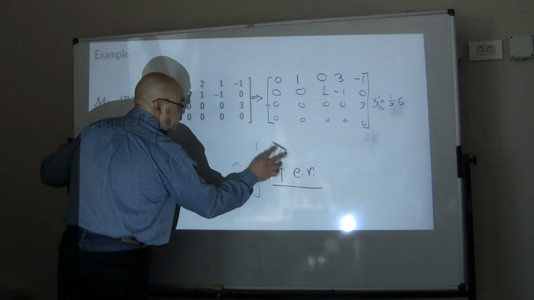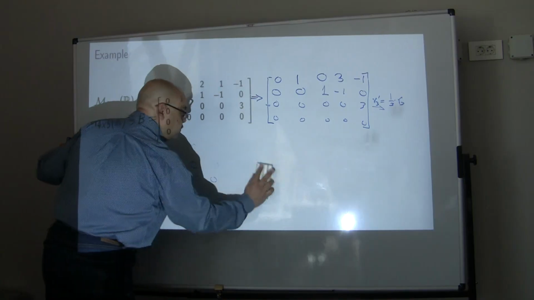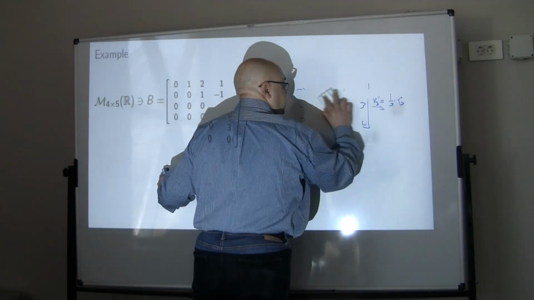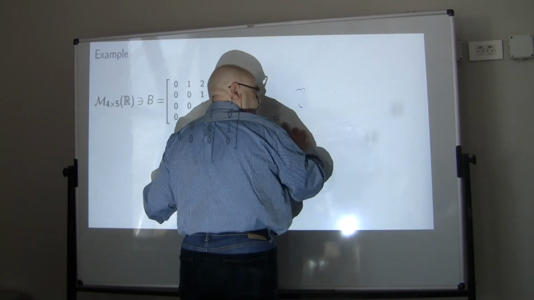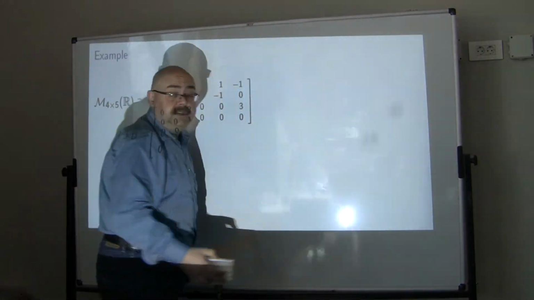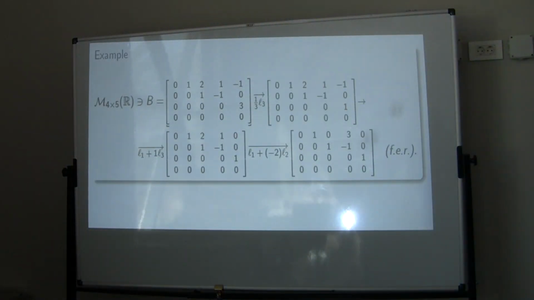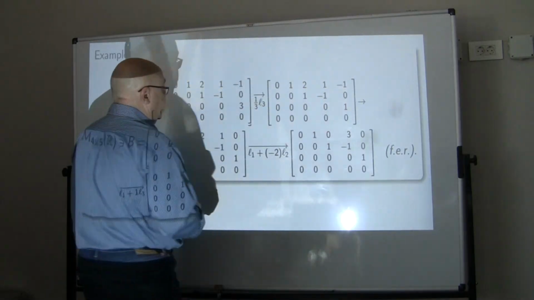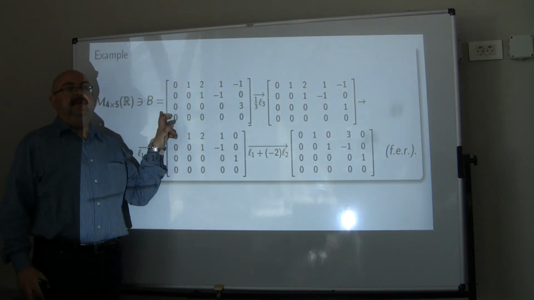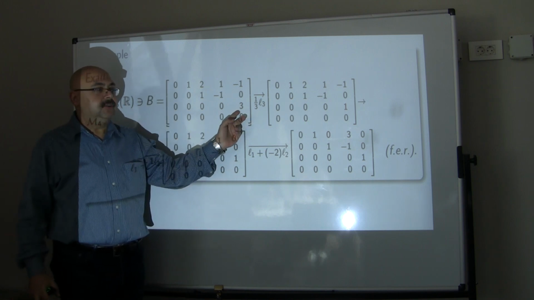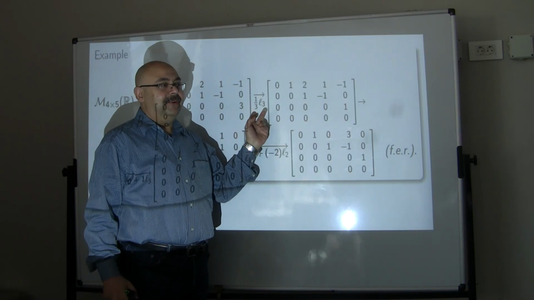I will erase all of these. It's already recorded and you have it. Let me see on the slides how they get the FER. Okay, look at them. The first step that hit my eyes: the third row contained 3, and I want to change it, so I will choose to multiply by 1 over 3.